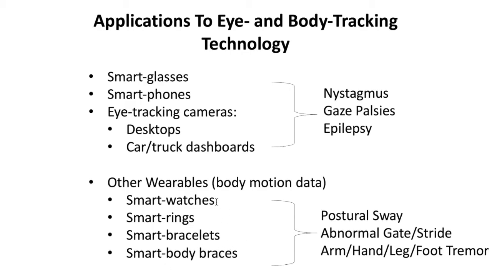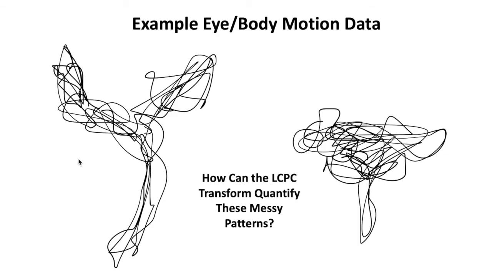These data are important for studying things like postural sway, abnormal gait and stride in walking patterns, and in the tremor of appendages such as your arm or your leg. Motion tracking data often look like these complicated squiggly patterns. Current methods turn these patterns into clouds of space.